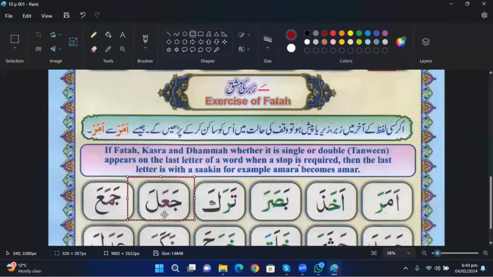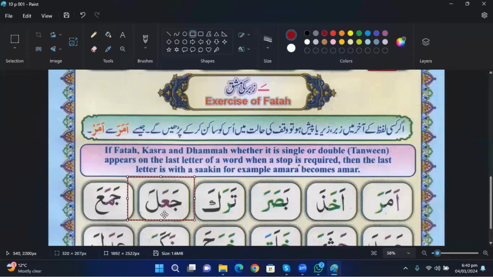So Hamza Fatha A, Zal Kasra Zi, Azi. Hamza Fatha A, Zal Kasra Zi, Azi, Noon Fatha Na, Azina. In stop condition, it will become Azin and the fatha will drop.